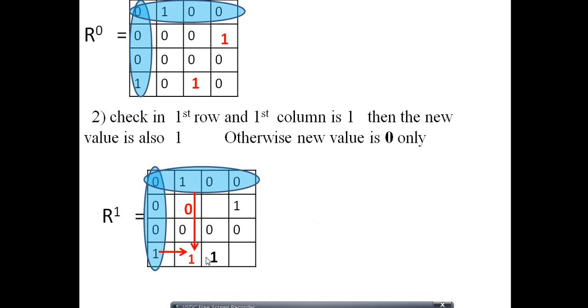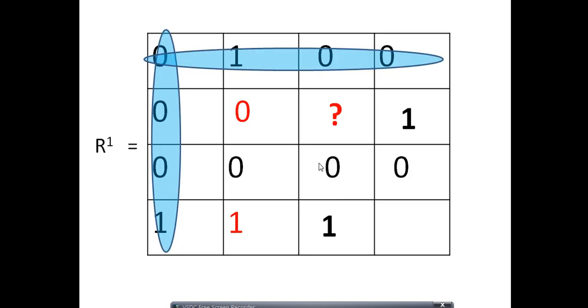So here you write 1. Now similarly, in this cell what will you write? See here, 0 value and 0 value. 0 and 0 means the new value is 0 only.